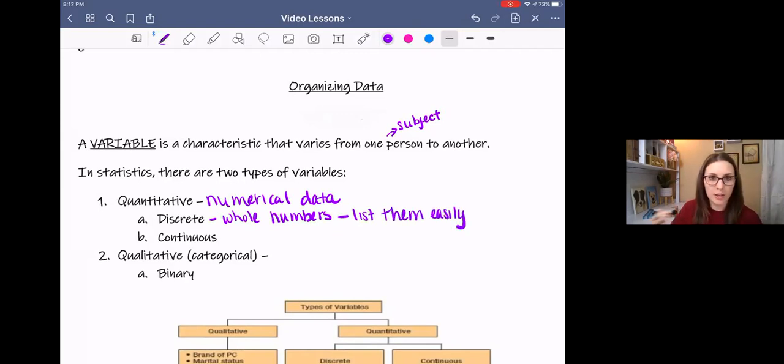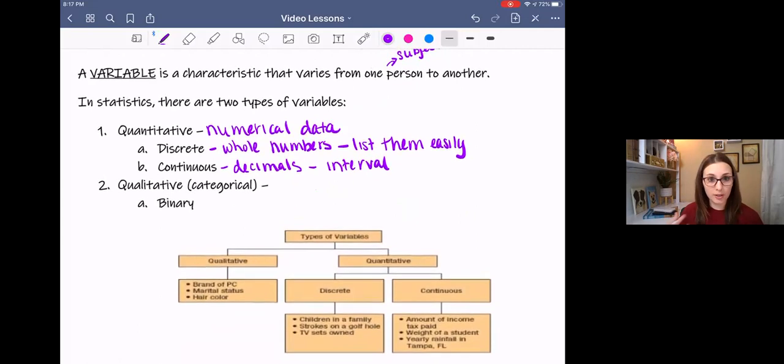It may extend indefinitely, but you can list them, like 1, 2, 3, 4, 5, and so on. Whereas continuous is more like rational numbers, and it's more of an interval. We'll look into some examples of these later on.